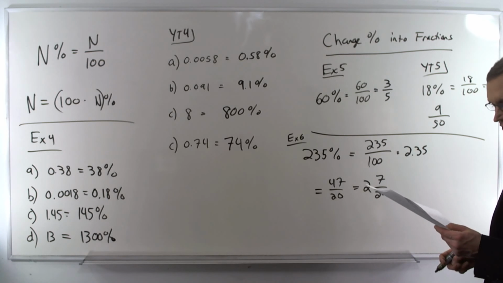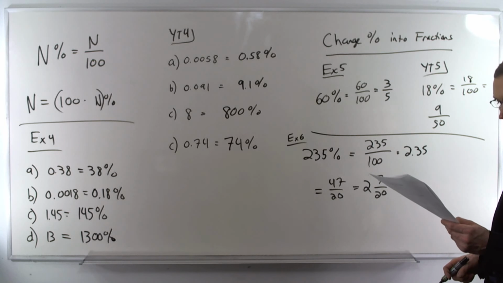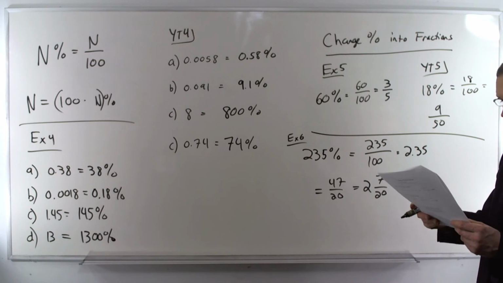All right, practice this with your turn number 6. Convert 375% to both an improper fraction and a mixed number.